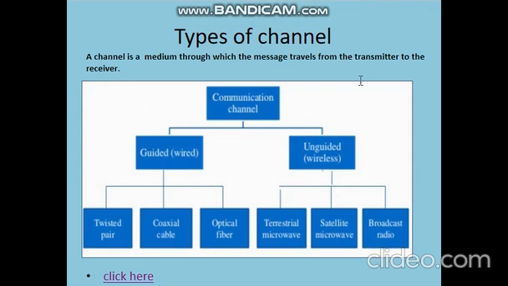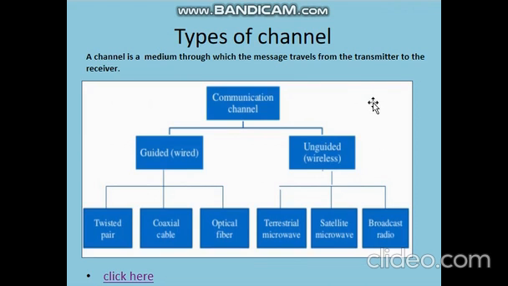The coaxial cable is an electrical cable which transmits radio frequency signals from one point to another. In optical fiber cables, the electrical signal is first converted to optical form and then it is transmitted through the optical fiber by the principle of total internal reflection.